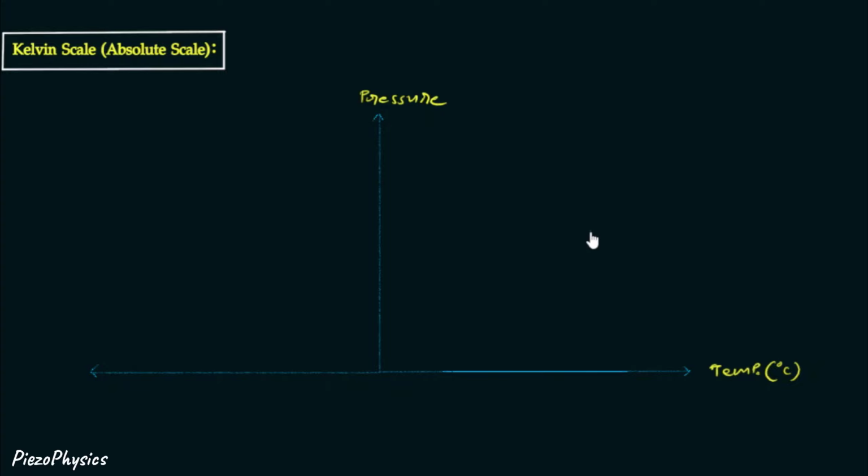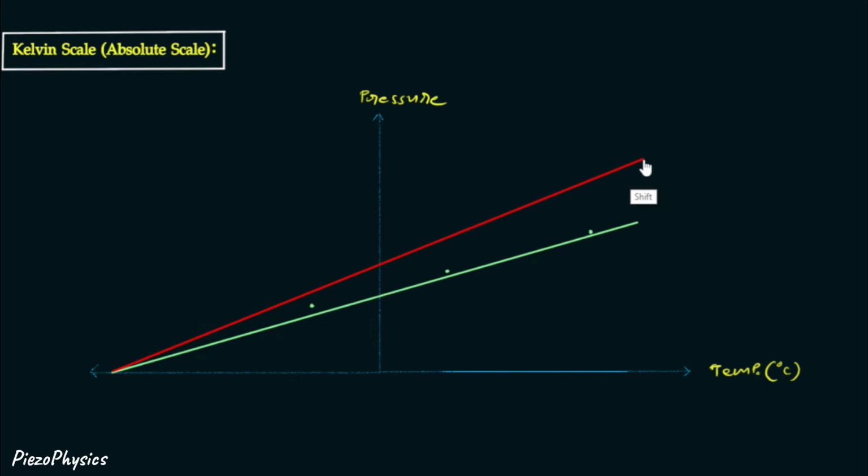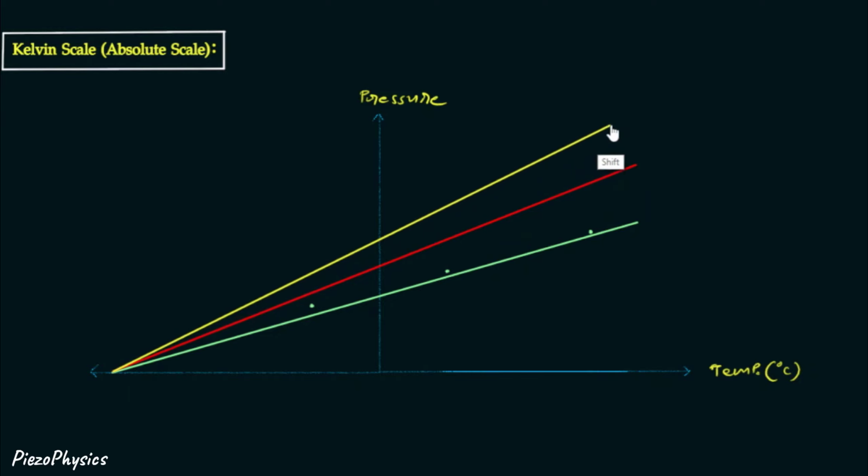Kelvin took the first gas and measured pressure at different temperatures and plotted a single line graph. Now he took another gas which was at a different pressure and different temperature and plotted the same graph like this. Again, he took a third gas and measured pressure at different temperatures.